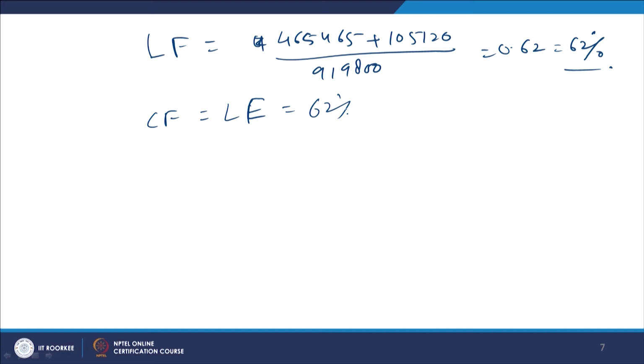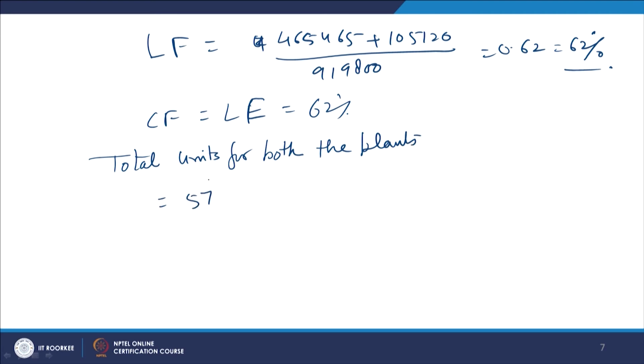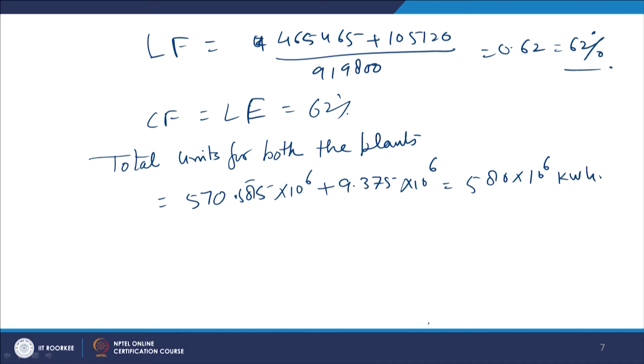So, the total units for both the plants is equal to 570.8585 into 10 to power 6 plus 9.375 into 10 to power 6, which is equal to 580 into 10 to power 6 kilowatt hour.